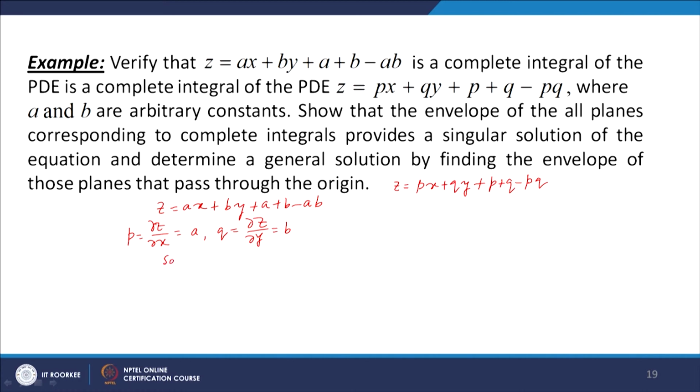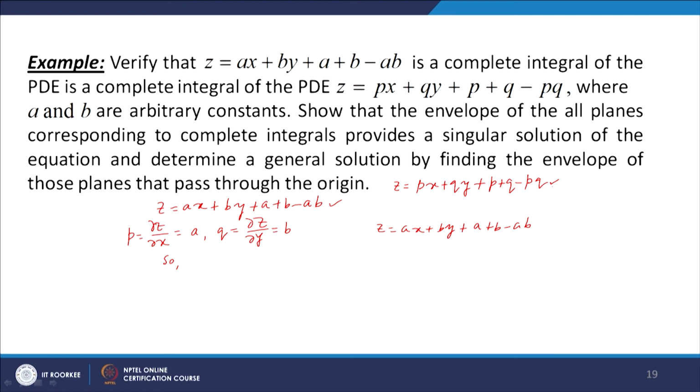So, replacing p and q by a and b, what we get is z equal to ax plus by plus a plus b minus ab. Okay. So, we can see that this is a complete integral of this partial differential equation.